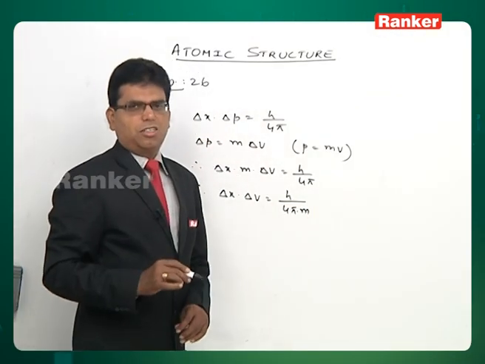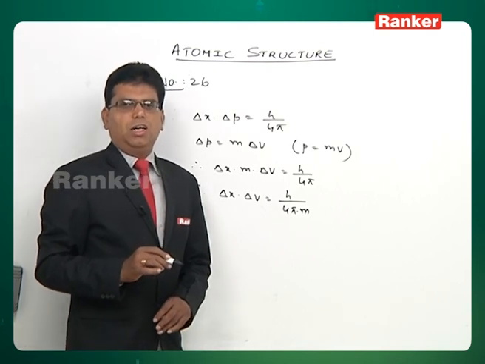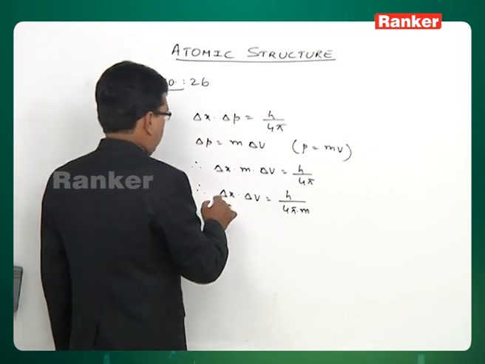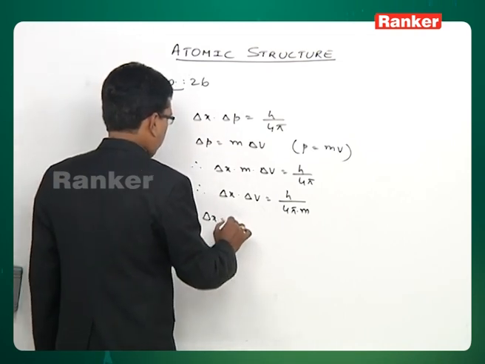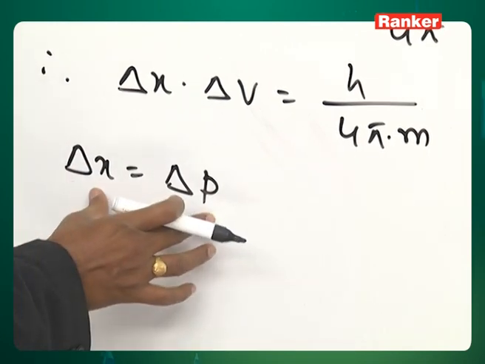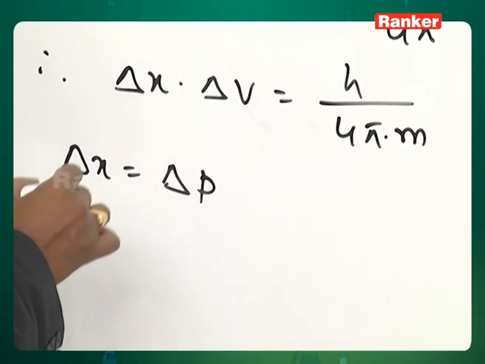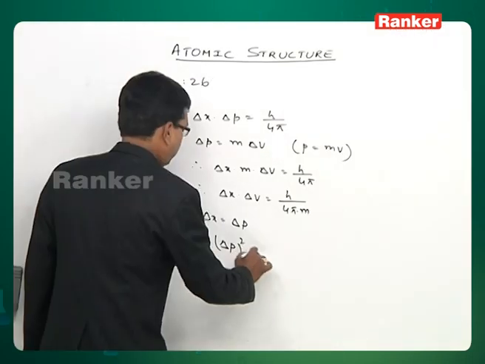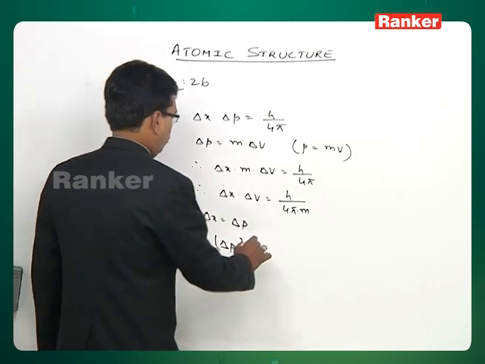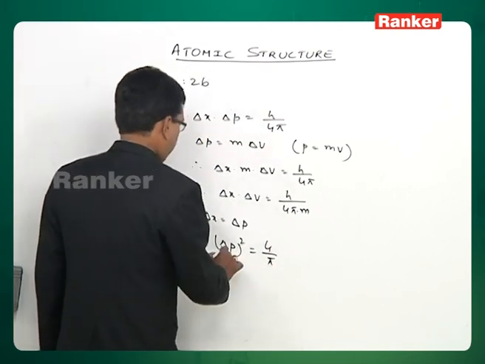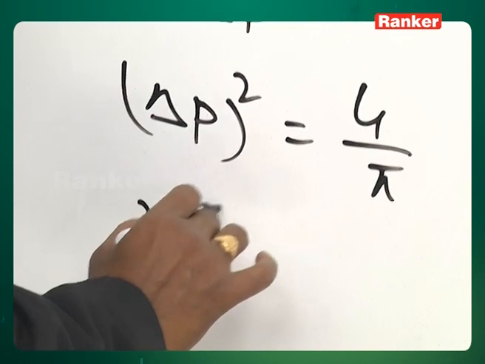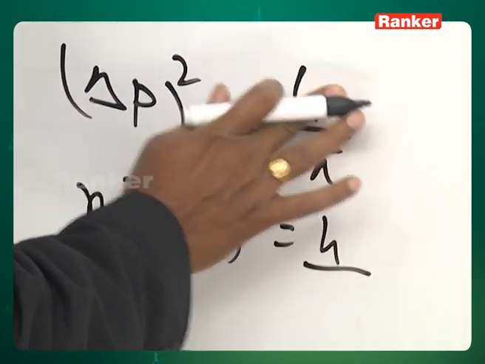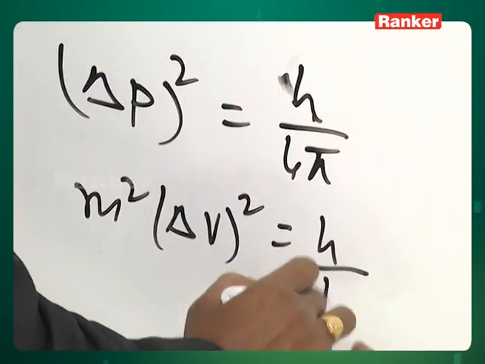Now, the question says the uncertainty in position and momentum are equal. So here delta x is equal to delta p. When delta x is equal to delta p, we can write delta p square is equal to h by 4 pi. Then delta p whole square means m square delta v whole square is equal to h by 4 pi.